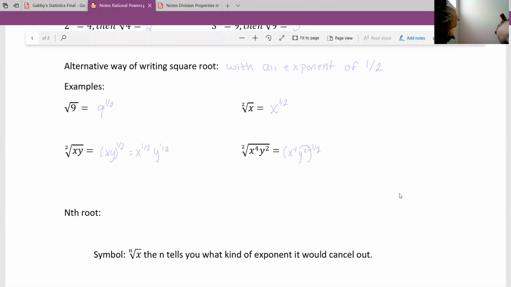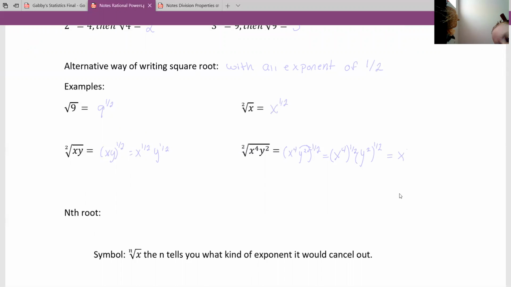I can distribute my exponent, and remember a power to a power means that I need to multiply. So this is x to the 4th to the 1/2, and y to the 2nd to the 1/2. Half of 4 is 2, and half of the 2 for the y is 1.